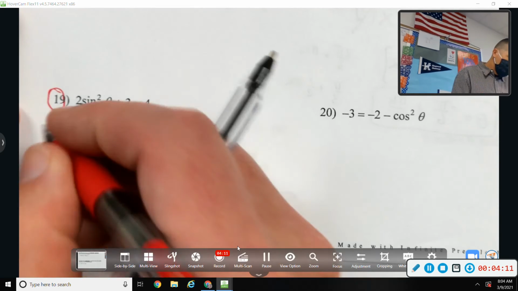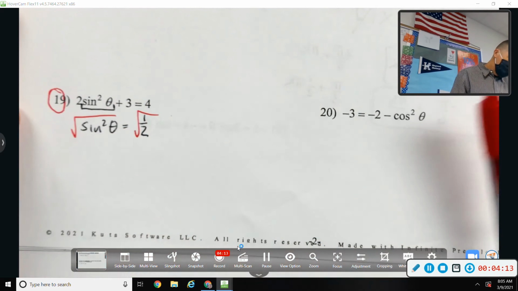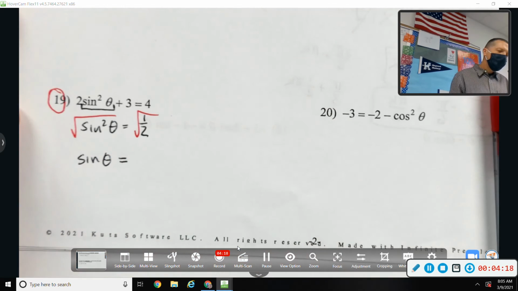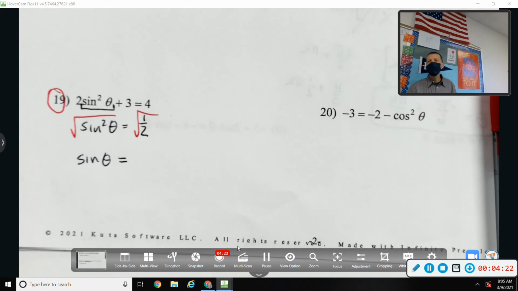So let's square root both sides. And here's the reason I did this problem. Because when you square root both sides, what do you need to remember to do? The plus or minus. Everybody remembers that when I say it. Will you remember it when you're on your own working one of these problems?